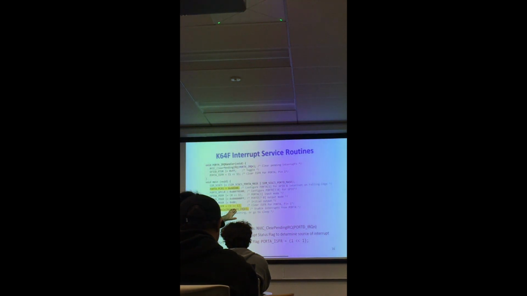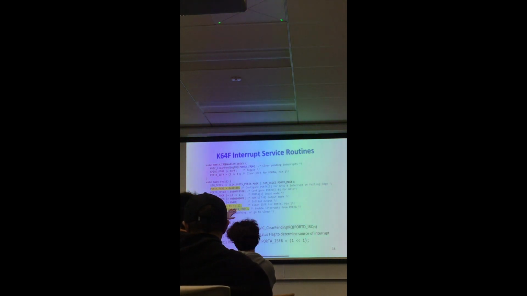To enable interrupts on a particular port, remember that you cannot enable interrupts for a particular pin, because all pins are attached to ports. As far as GPIO type of interrupts, you have to enable the interrupt on a port. Then when an interrupt happens on a port, within the interrupt service routine, you have to check on which pin this interrupt actually happened, unless there's a single interrupt on the port.